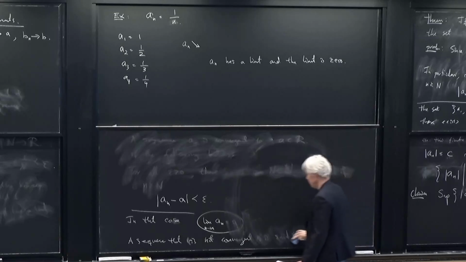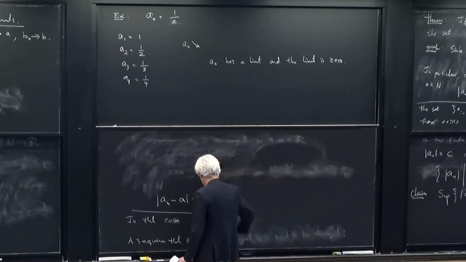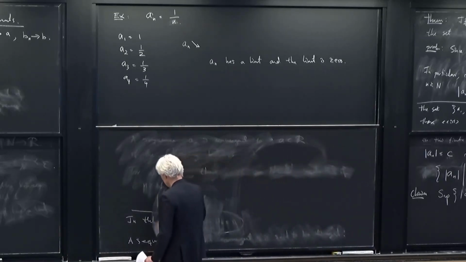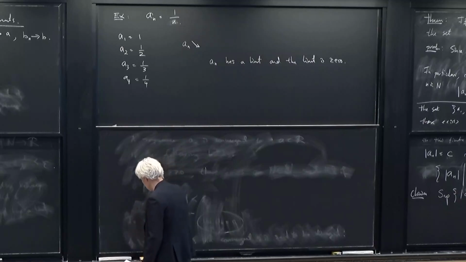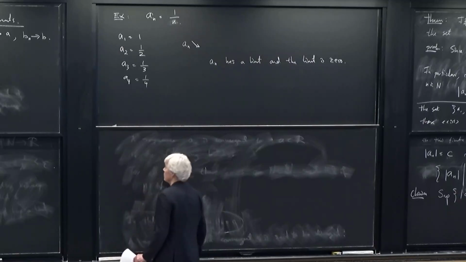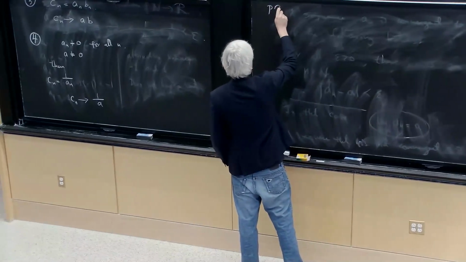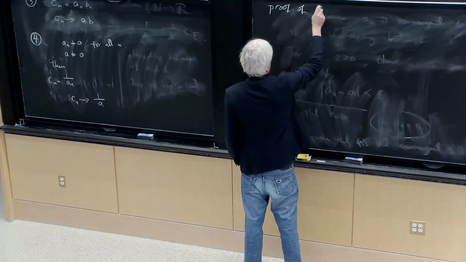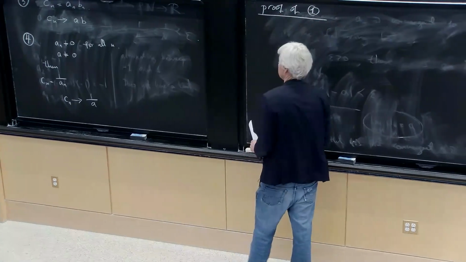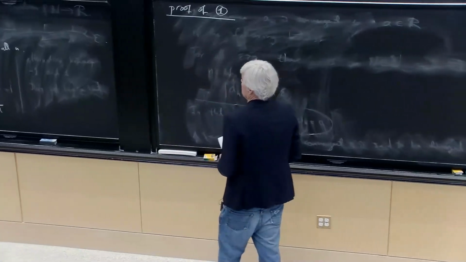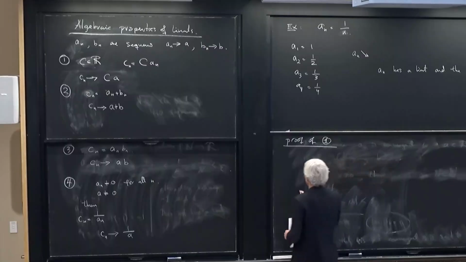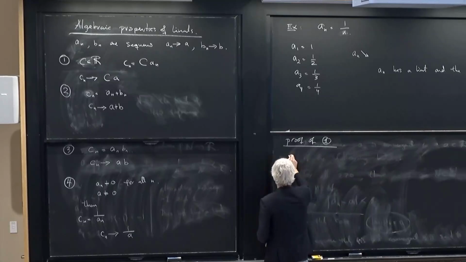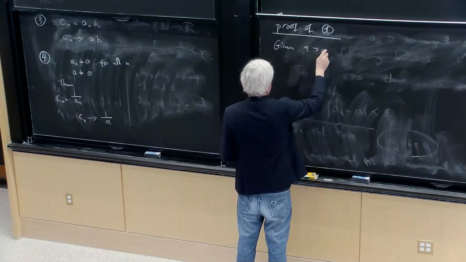Okay, so now let's prove the first one. Proof of 1. Given epsilon greater than 0.